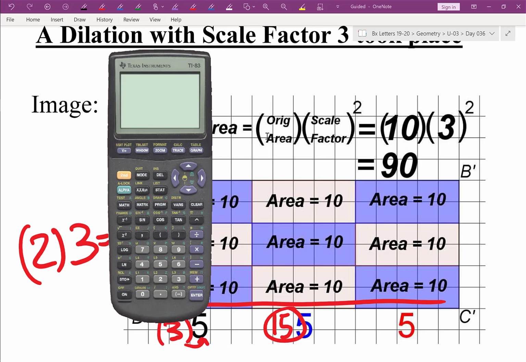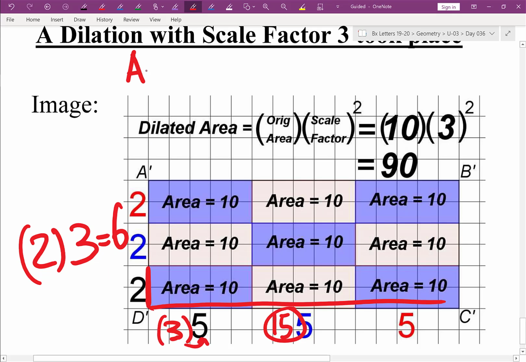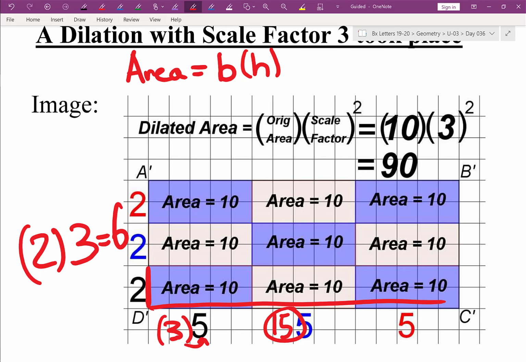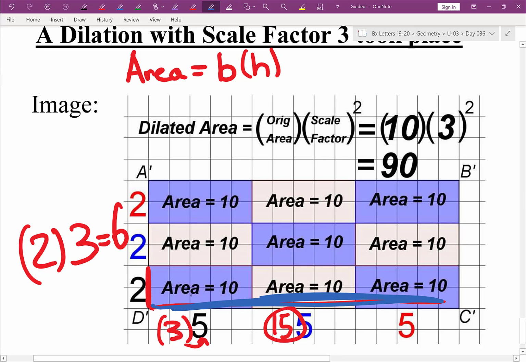And here's what's really going on. If we look at the area formula, it is base times height. Okay? And when you dilate area, what's happening is your base is getting multiplied by the scale factor.